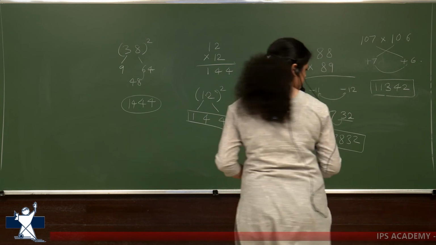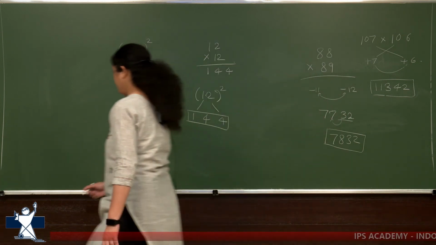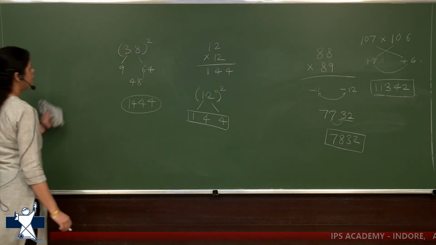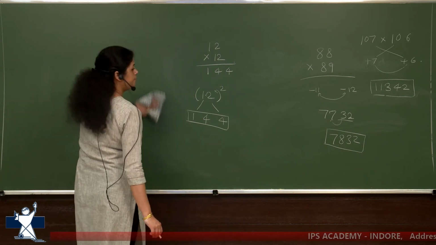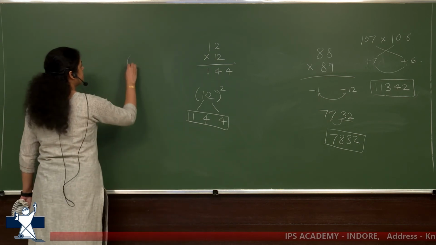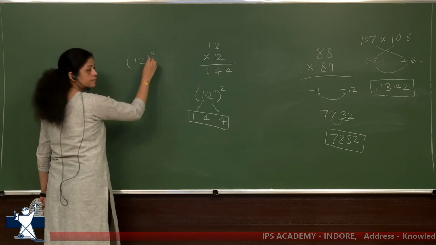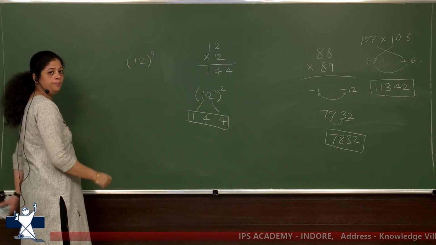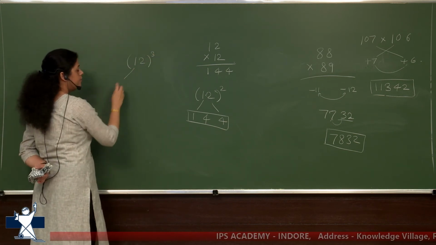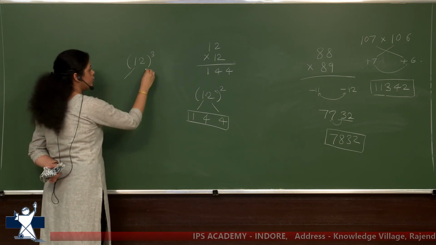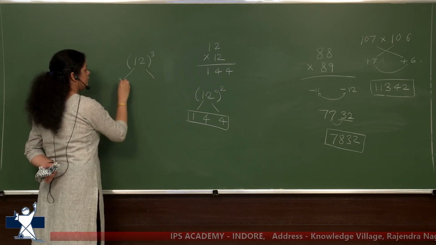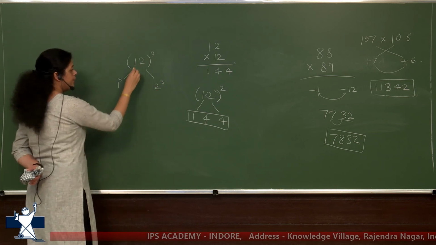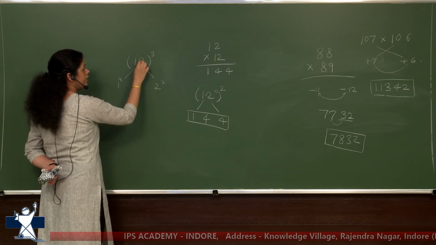Now for cube also there is a method. So if you need to find the cube of the 12, right? What do? We take 1 cube and then 2 cube. यहाँ पे 2 cube. बीच में हम क्या करेंगे? 1 square into 2.